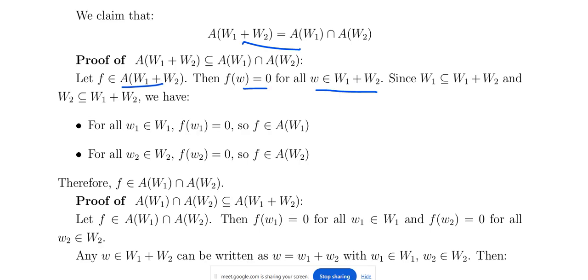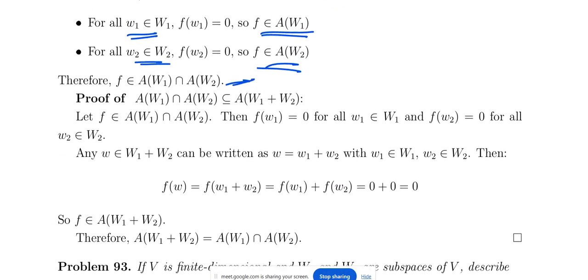Since W1 is a subset and W2 is also a subset, for each w1 belonging to W1 and w2 belonging to W2, f of w1 equal to 0, so f belongs to A of W1 intersection A of W2. So A of W1 plus W2 is a subset of that. In the same way, the reverse inclusion can be proved. So both are equal now.